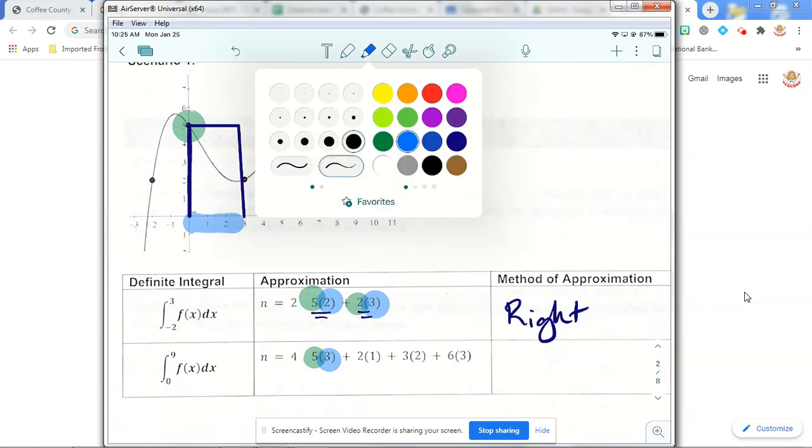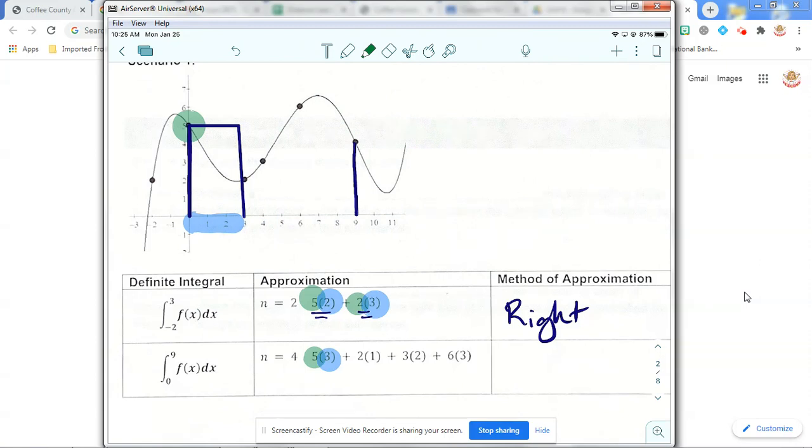So for the next one, I have this 2, which should be that 2 times 1, which should be this width right here, and it is. So I would draw that rectangle with a height of 2 and a base of 1 unit.